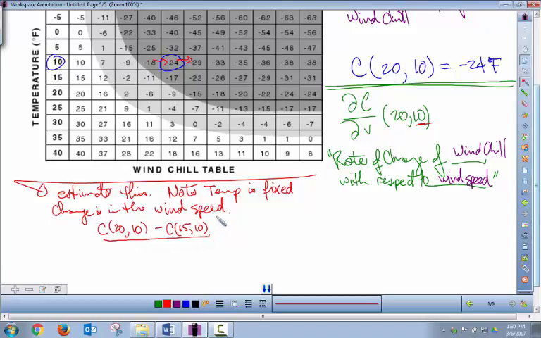So we'll look at the change in the wind chill divided by the change in the velocity. So our velocity changed from 20 to 15. It's like delta y over delta x. It's delta C over delta V.